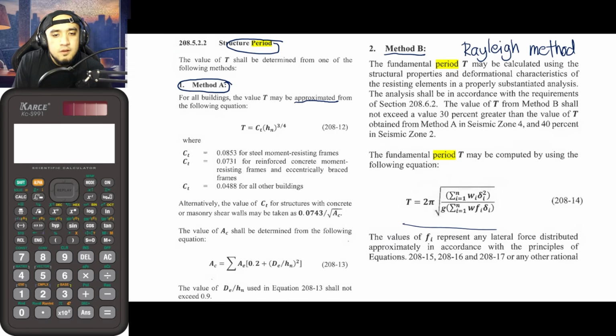And the third one is the method that would give the most accurate prediction of the period of the building, and that is by making use of the eigenvalue extraction method.